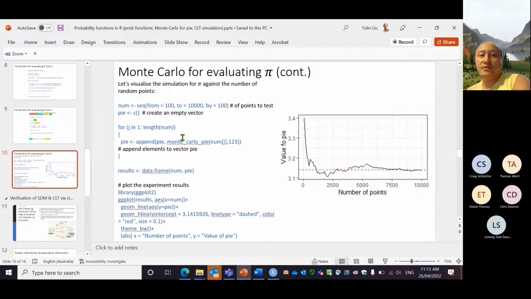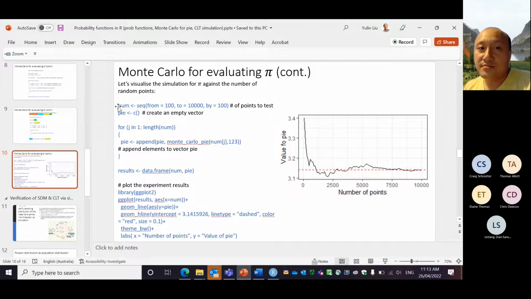Okay, so in the first experiment, I will generate 100 points and then evaluate the pi, and then I increase the number of points by 100 each time until I reach 10,000 points in the final experiment. So 100, 200, 300, 400, 500, and so on, until 10,000.